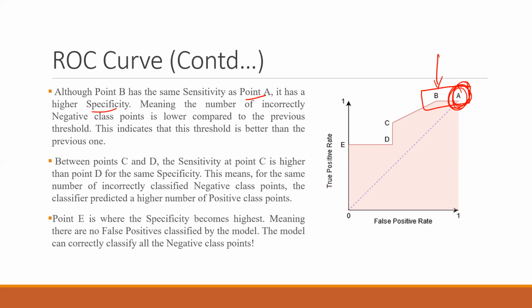Now similarly between C and D, which one will be better? Can you tell me quickly? हाँ जी, जल्दी से बताओ. Which one is better out of C and D using this same logic? In terms of sensitivity, C is better. ठीक है? And in specificity, it is the same. So obviously between C and D, C will be better. Any confusion here between C and D?